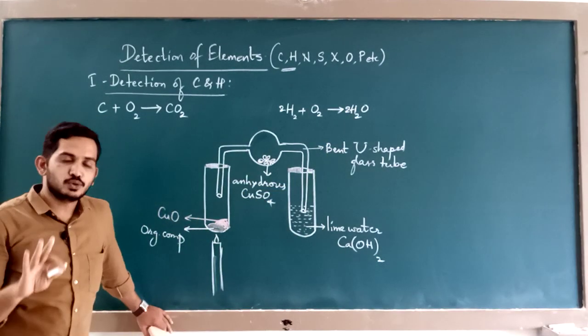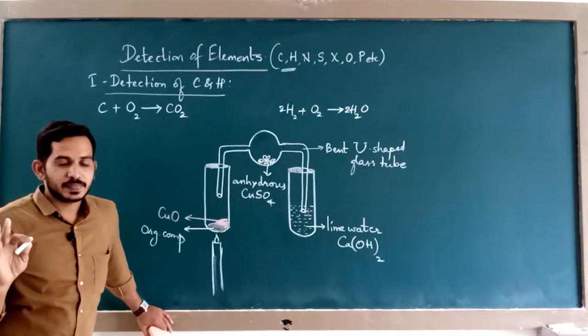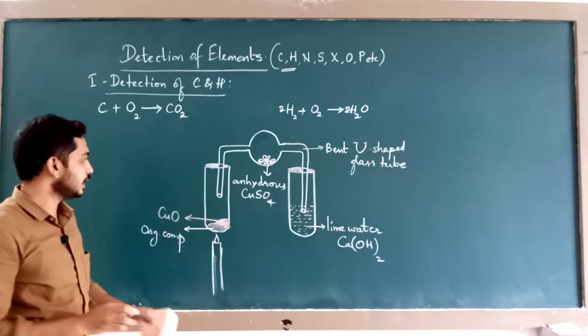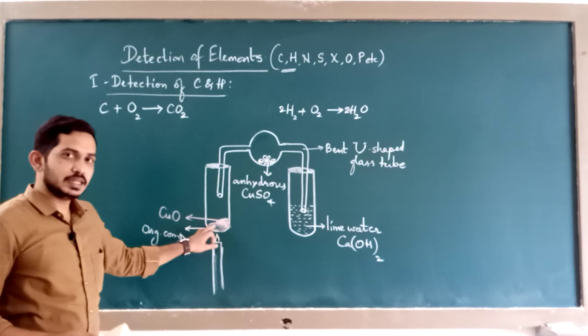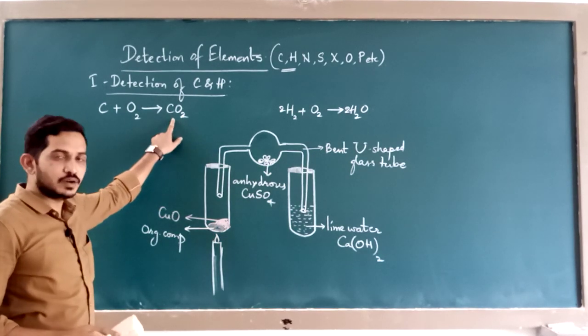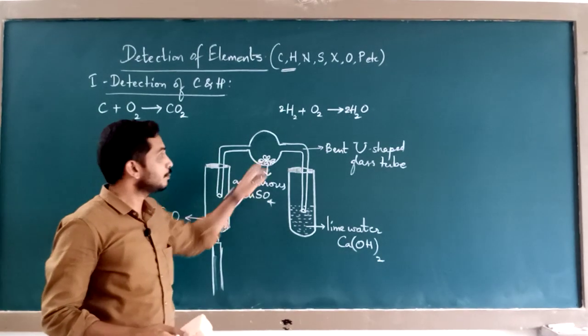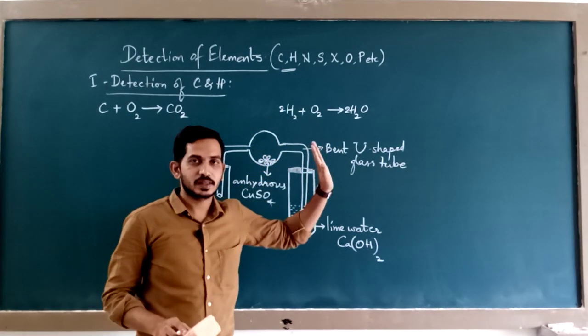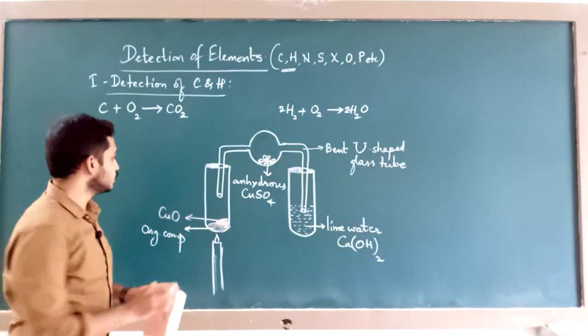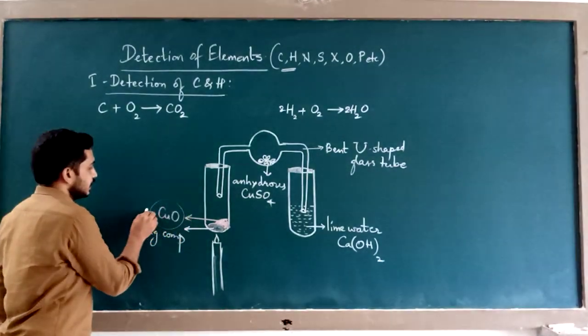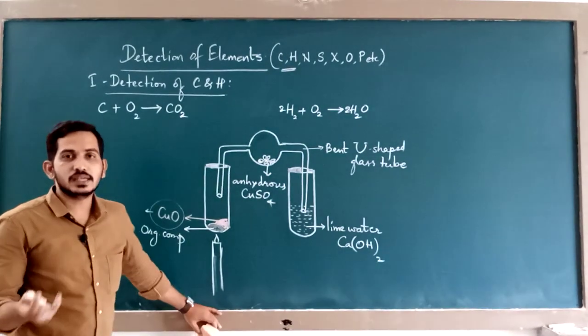If this is known to you, then our work becomes easier. So you will now convert the carbon present in the organic compound to carbon dioxide, and similarly the hydrogen present in the organic compound should get converted into water. The purpose of using copper oxide is that it is an oxidizing agent.